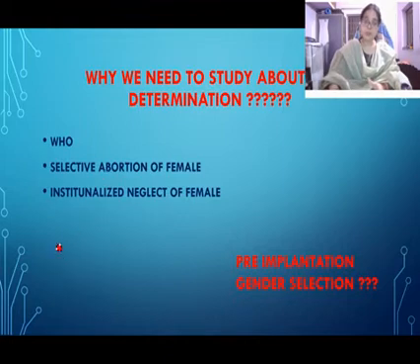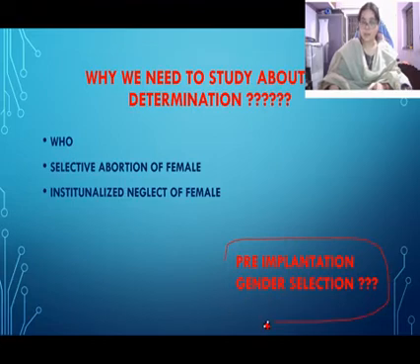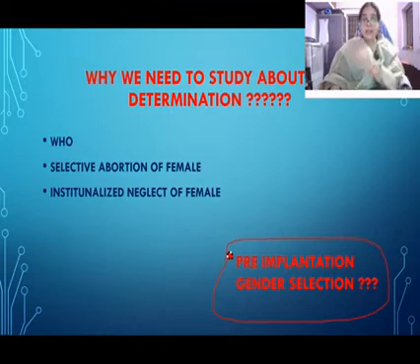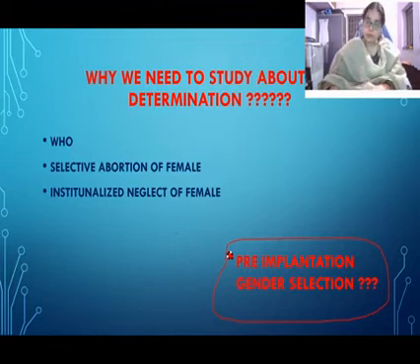Nowadays a very common thing is pre-implantation gender selection, using fluorescent in situ hybridization. The sperm with the specific genotype is selected, and then only that is implanted in the uterus.